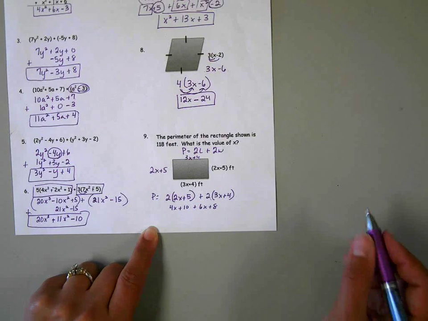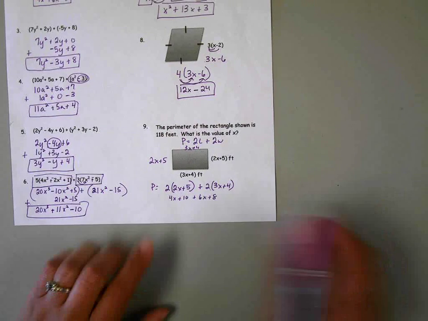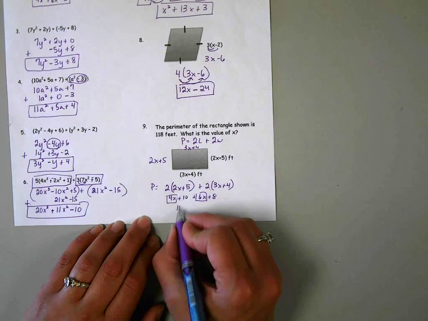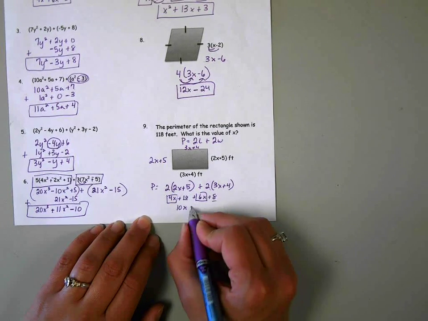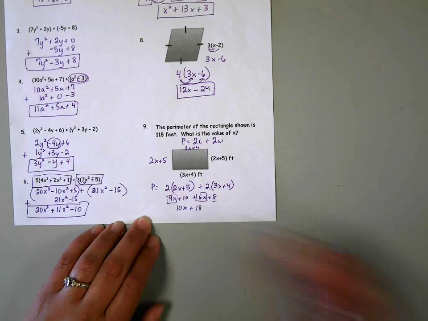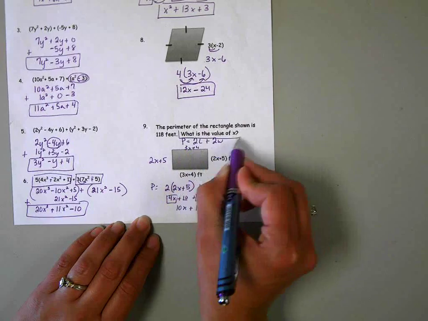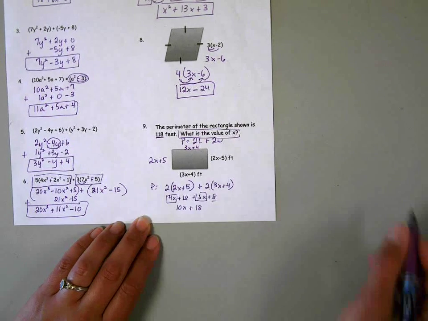And now I'm going to simplify my polynomial here. So 4x plus 6x is 10x. 10 plus 8 is 18. But remember that the question is, what is the value of x if given the perimeter is 118?